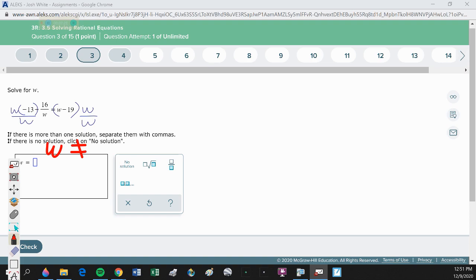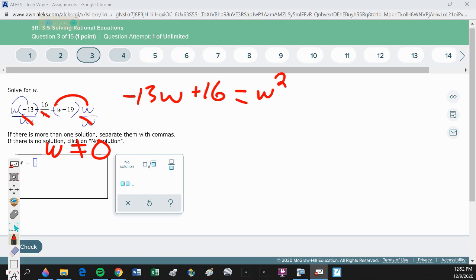So w cannot be 0. Now that I have that, I can get rid of all the denominators, and I get negative 13w plus 16 is equal to w squared minus 19w.